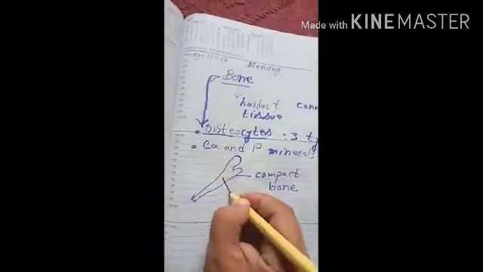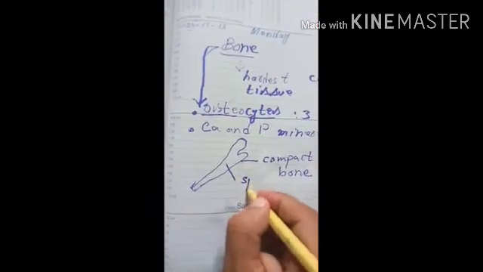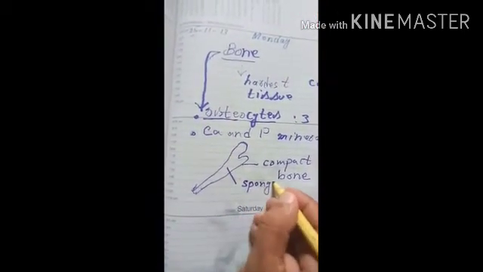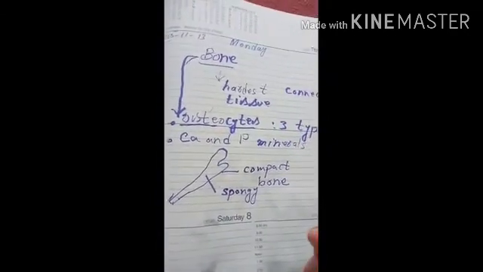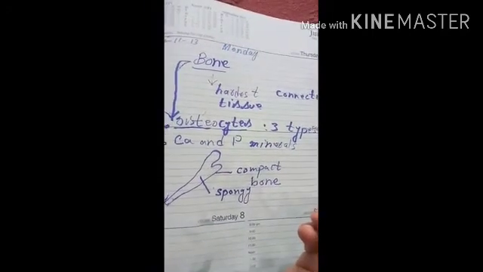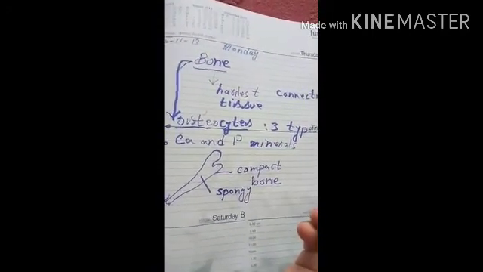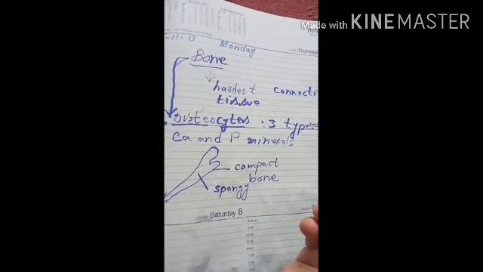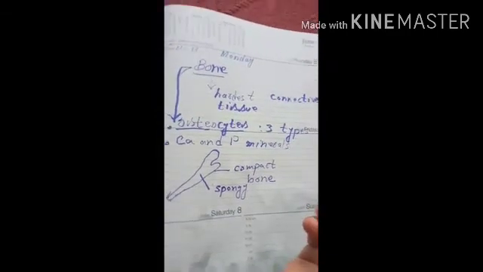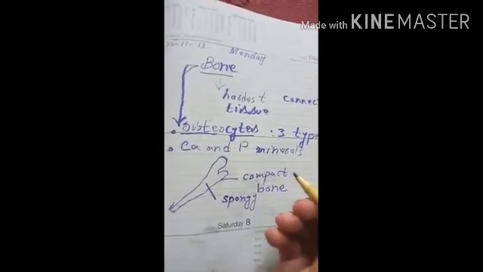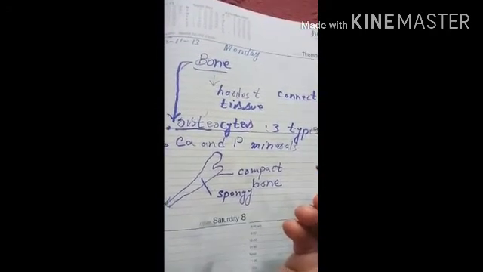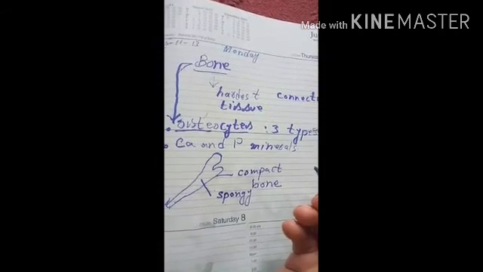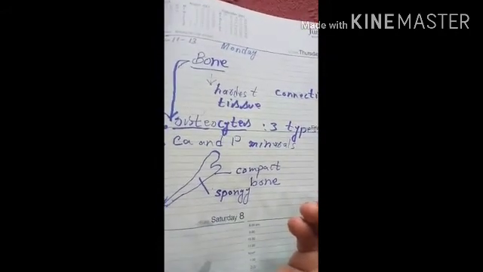The inner soft bone is called spongy bone. Inside of the bone is present blood, bone marrow, and it is soft. That is why it is called spongy bone. The outer bone has no lacunae as compared to the spongy bone. That is why it is called the harder bone, the hardest part of the bone, and compact bone.